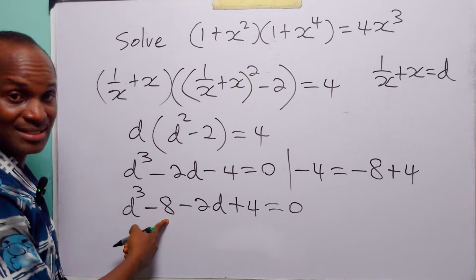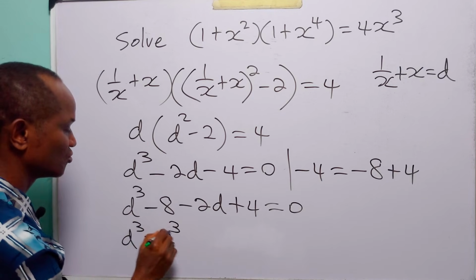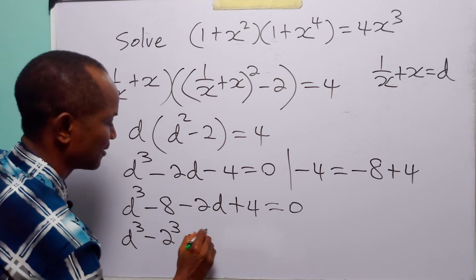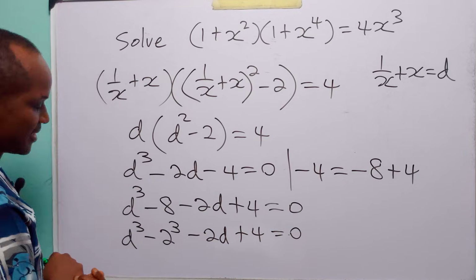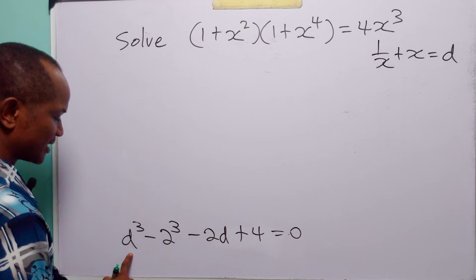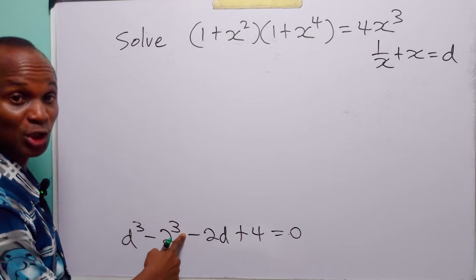Now notice that this can be written as d cubed minus 2 cubed minus 2d plus 4 is equal to 0. Now, when you look at these two terms, notice that we have the difference of 2 cubes.